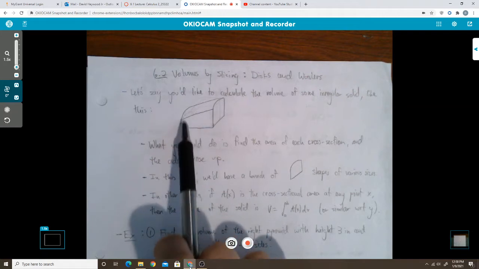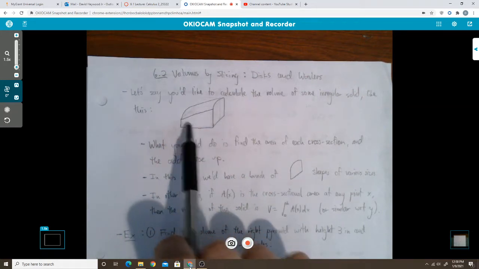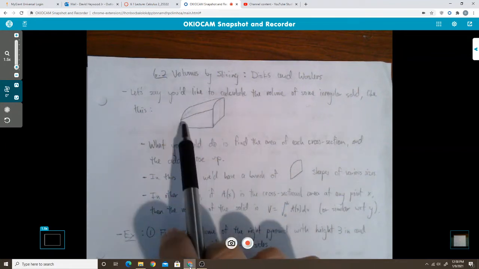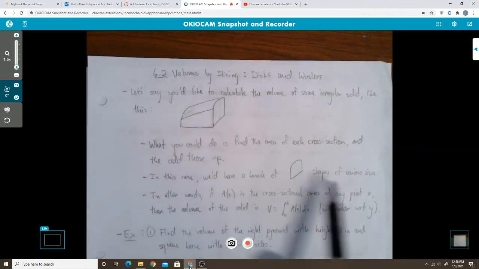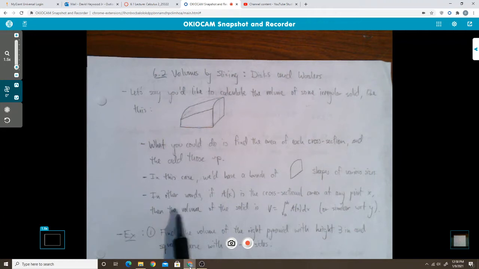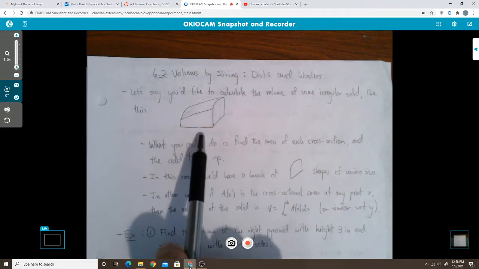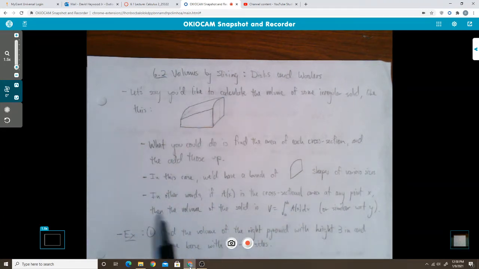Down here, this shape would be small, and then on this end, this shape would be a little bit larger. We find the area of each of those shapes, and if A of x is the cross-sectional area at any point x along this length, then the volume of the solid would be the integral of A of x dx.